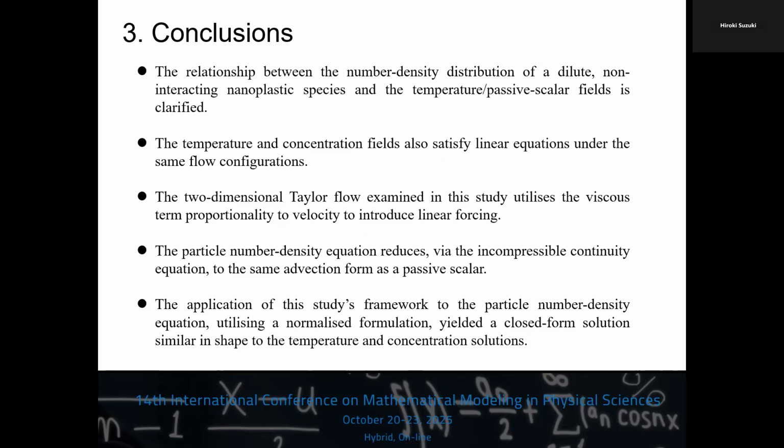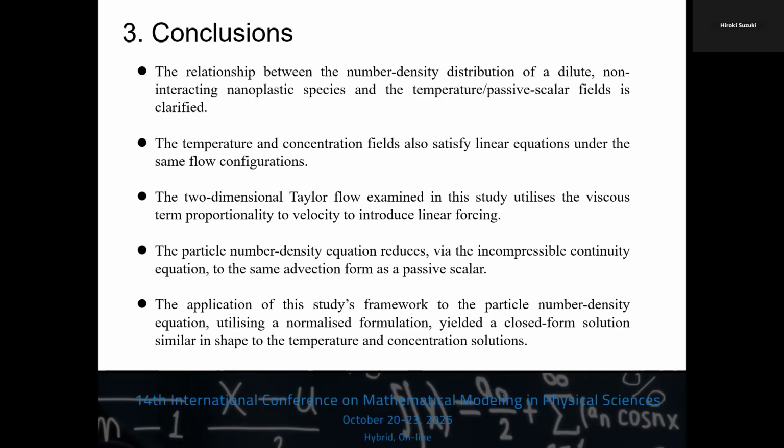So let me conclude our study. The relationship between the number density distribution of non-interacting non-plastic particles and the temperature passive scalar field is quantified. The temperature and concentration fields also satisfy linear equations under the same flow configurations.